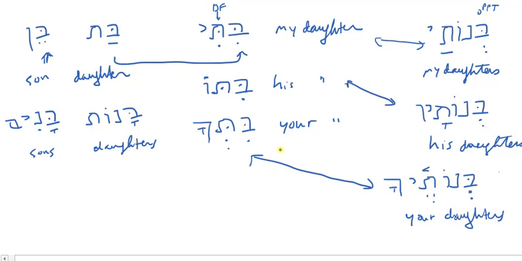Now, let me give you just one little thing to remember: bat becomes bit in the singular when I want to add pronominal suffixes. Okay, and here's a little sentence.